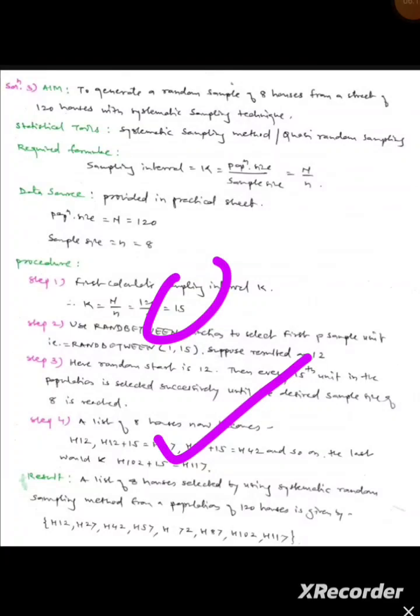My result is a list of 8 houses selected by using the systematic random sampling method from a population of 120 houses. What are those houses? The first house is house number 12. The second is house number 27. The third one is house number 42. The fourth one is house number 57.